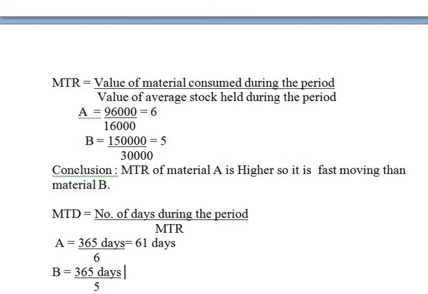So calculate, find out how much you will get. 365 divided by 5. Okay, that is 73 days. Hope everybody is understanding this.